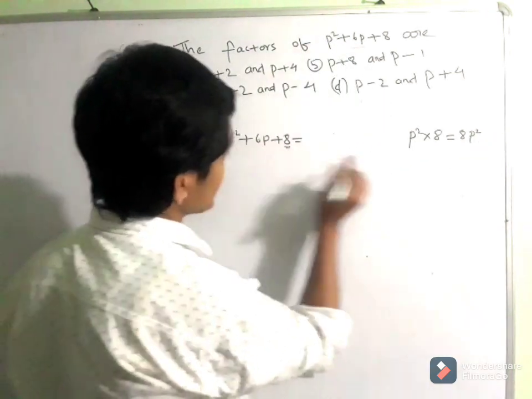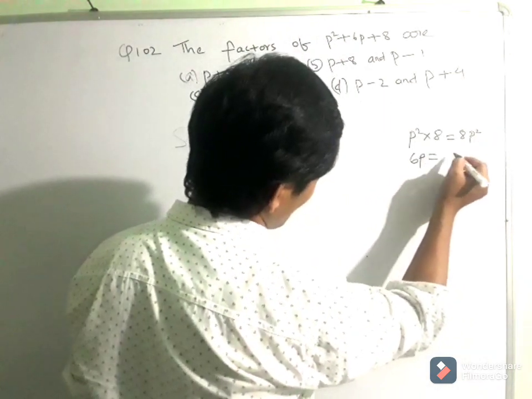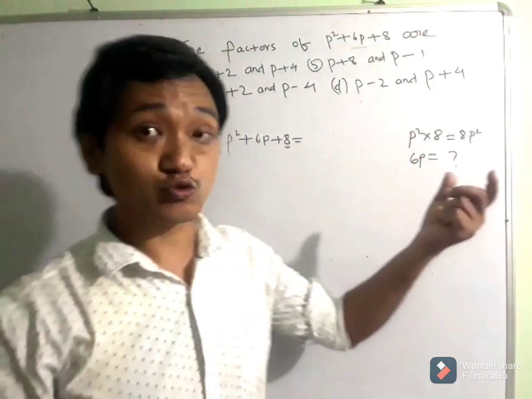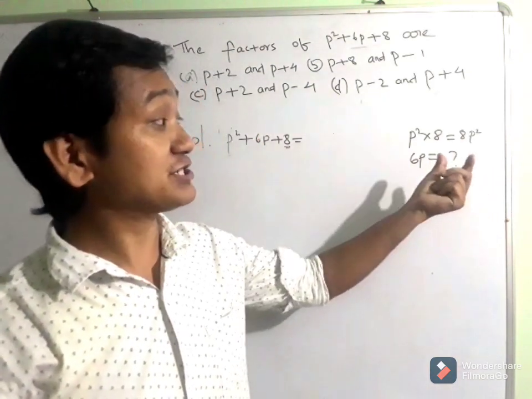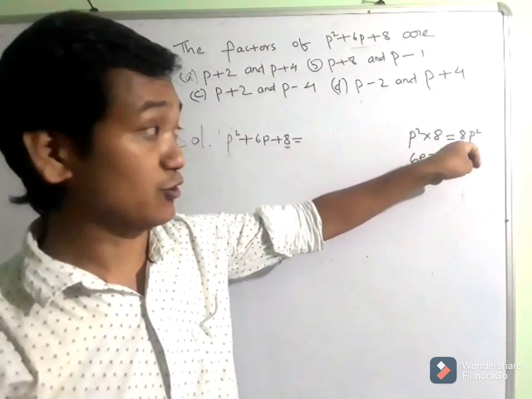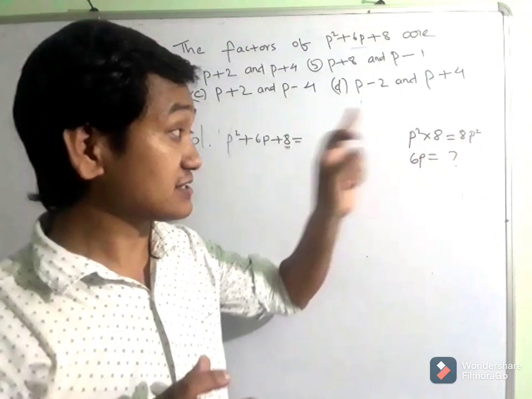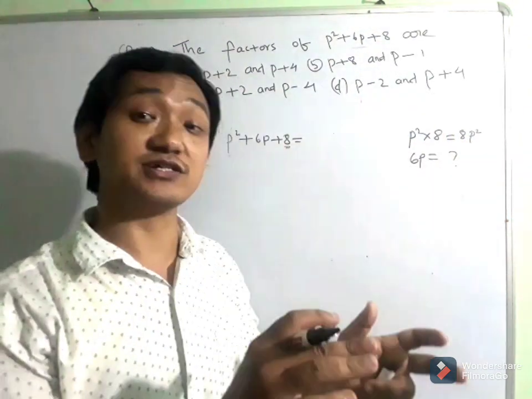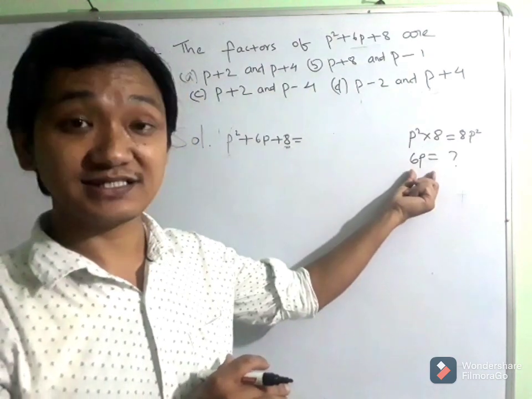Now you see this 6p. What do we have to do with 6p? Here we have to take two numbers. If you multiply those two numbers, we should get this 8, that is 8p square, and if we add or subtract those two numbers, we need this 6.